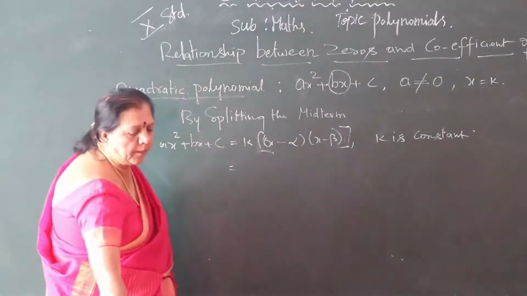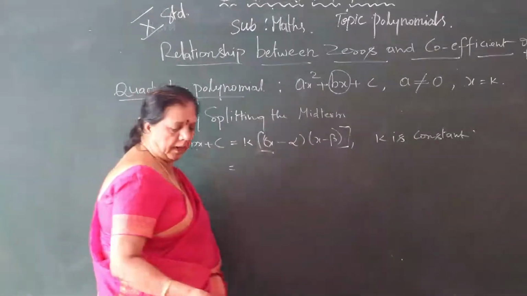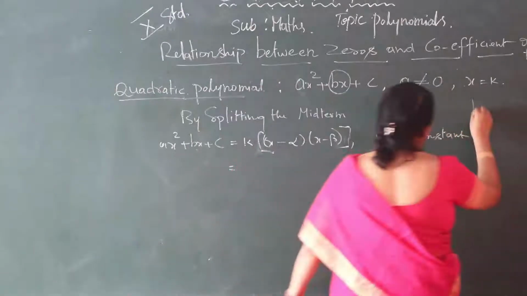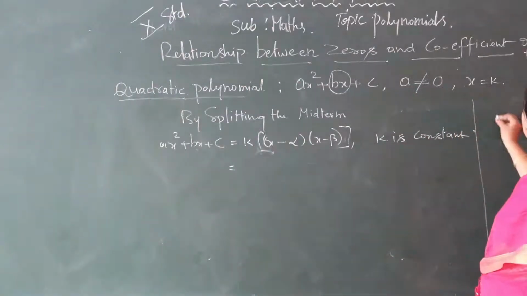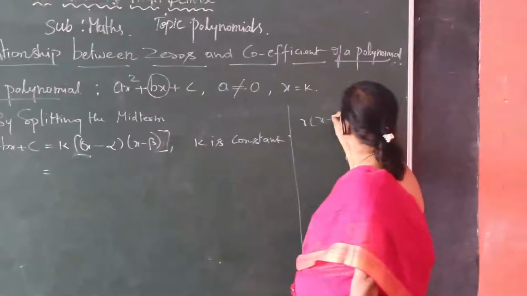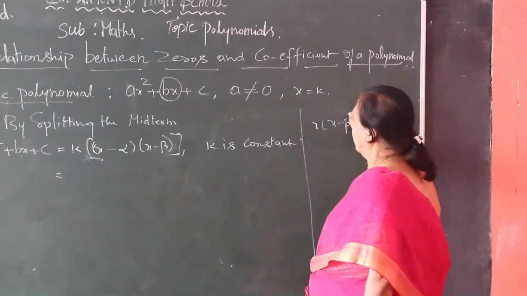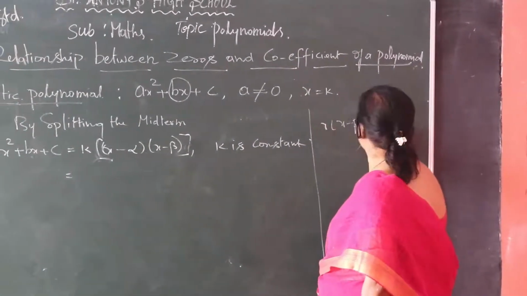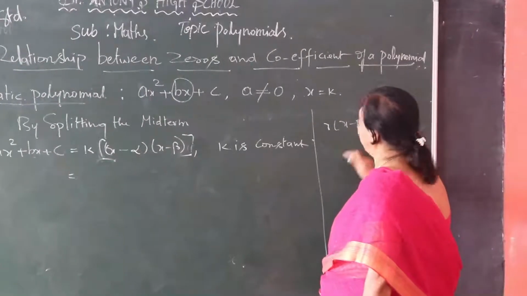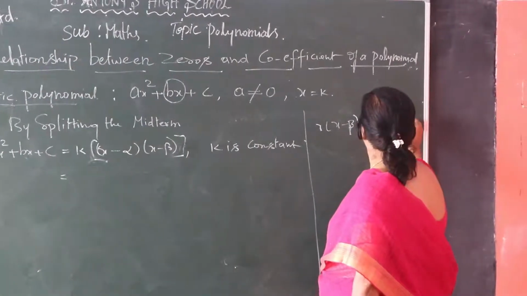Now you multiply this one. I will multiply and show you, otherwise you will get confusion. See here, x of x minus beta minus alpha into x minus beta.